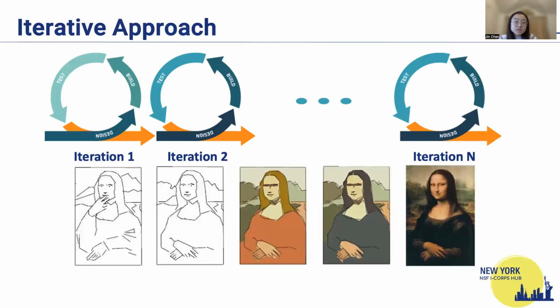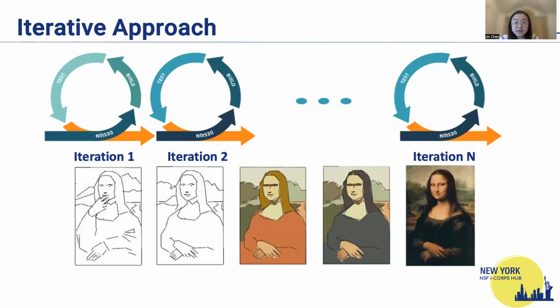And most importantly, they have feedback between each iteration that allows the flexibility to adapt to change and make improvements according to customers' feedback. So as you can see in this example, the Mona Lisa drawing improves over time in each iteration, but there's also a downside to this approach.